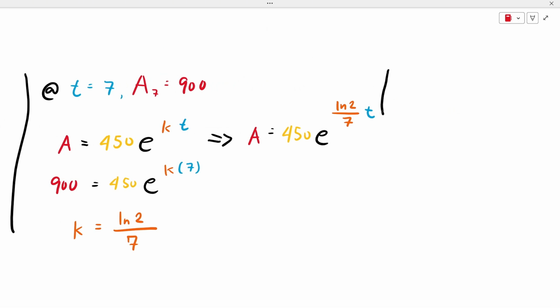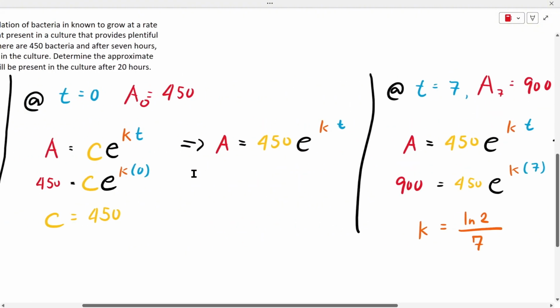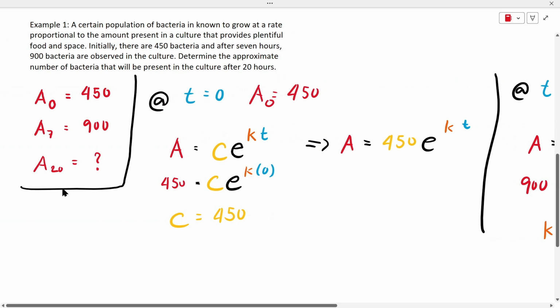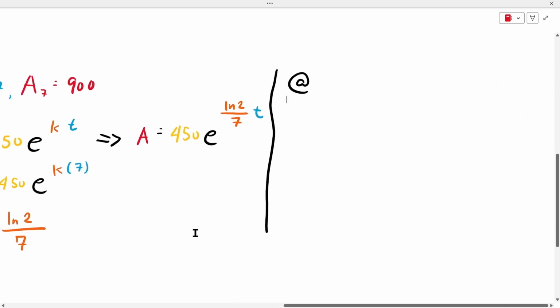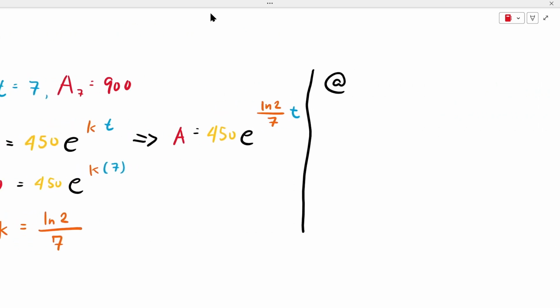Now, in order for us to get the value of A sub 20, the amount of bacteria after 20 hours, we will be using this new formula. So let's say we have at time 20, what will be the number of bacteria here.